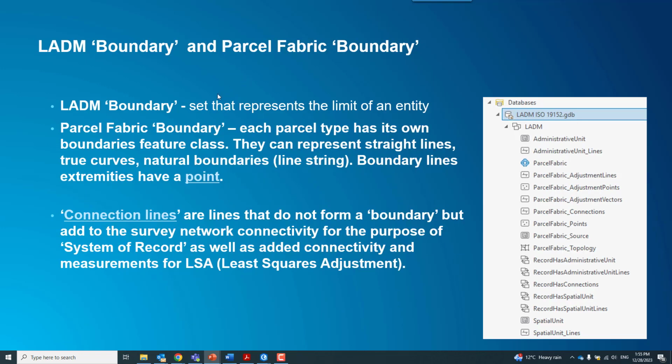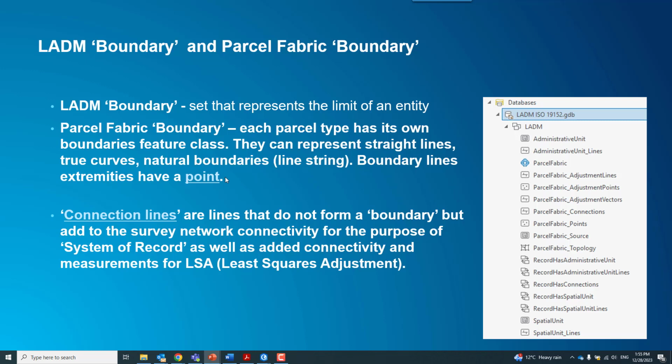Boundary. The definition of a boundary is that it represents a limit of an entity. In the parcel fabric, like you saw, every parcel type has a set of polygons and lines. The lines are the boundary lines. We also have lines that do not create boundaries, like connection lines.